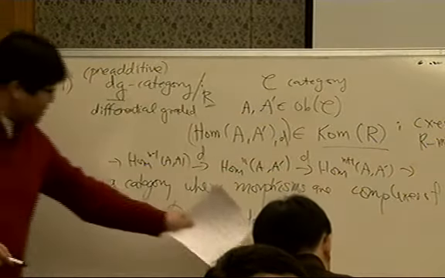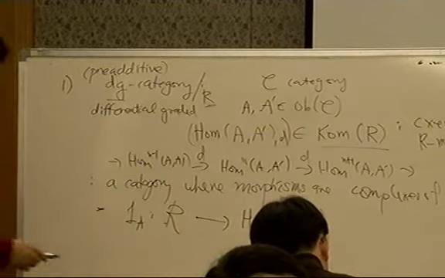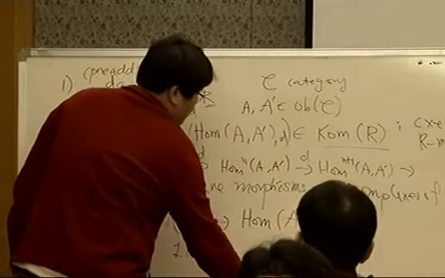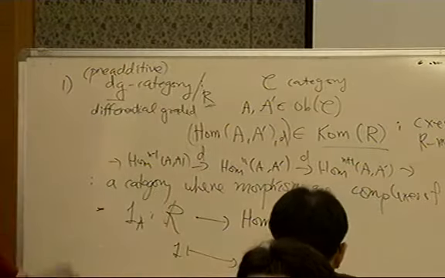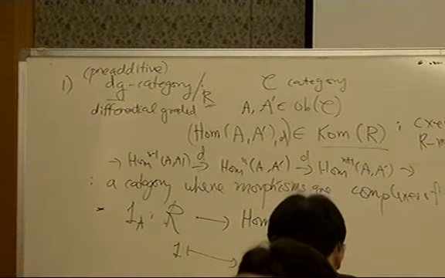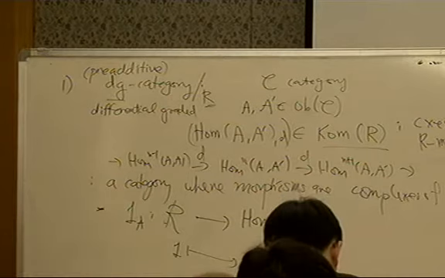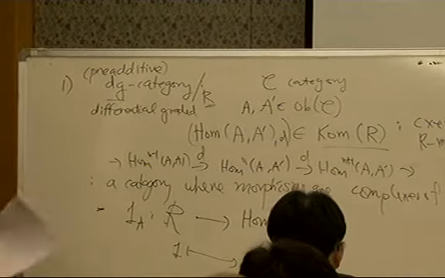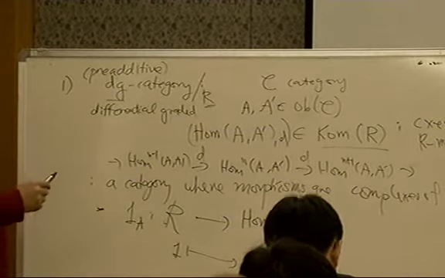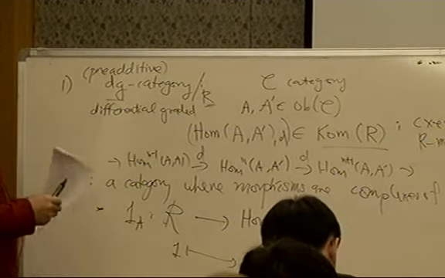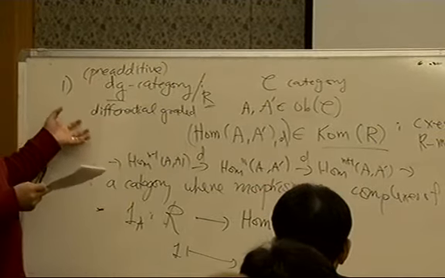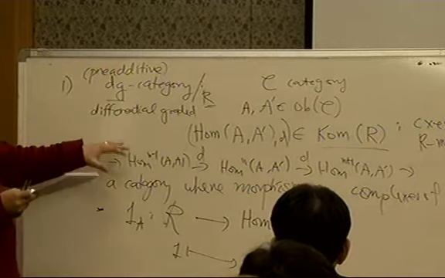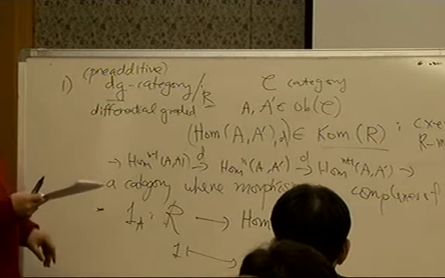So this A and that A are the same, and here I send 1 to the identity. We require that this is a degree 0 map. This identity map should satisfy the left identity axiom and right identity axiom that are fairly obvious, so I wouldn't bother to say too many things about this. The key point is that a differential graded category is a category where the morphisms are differential graded.